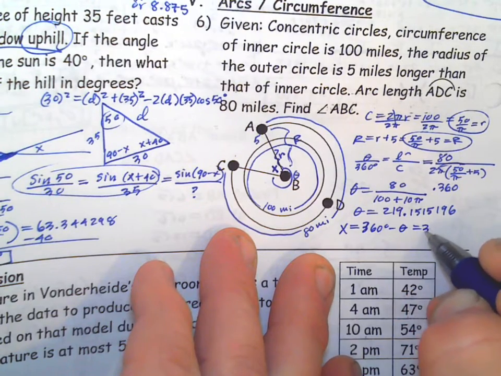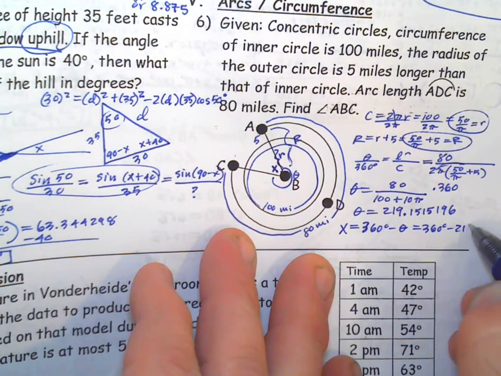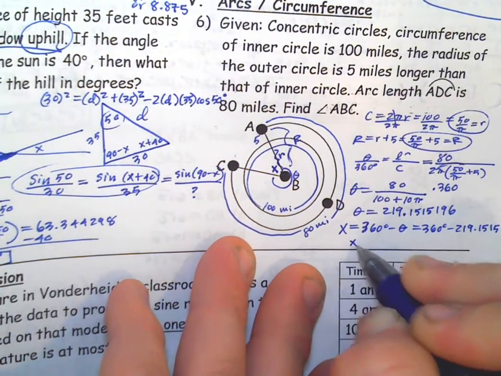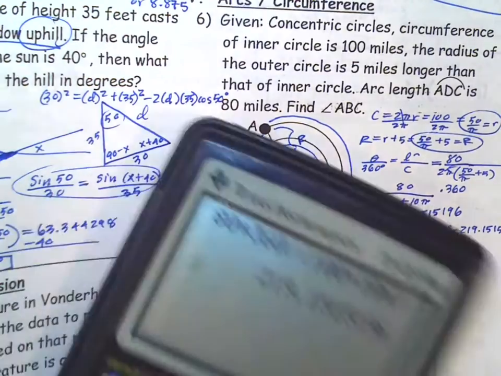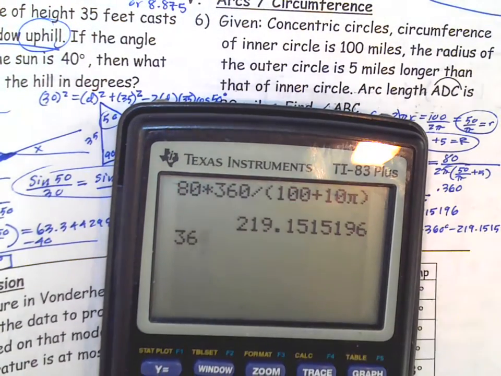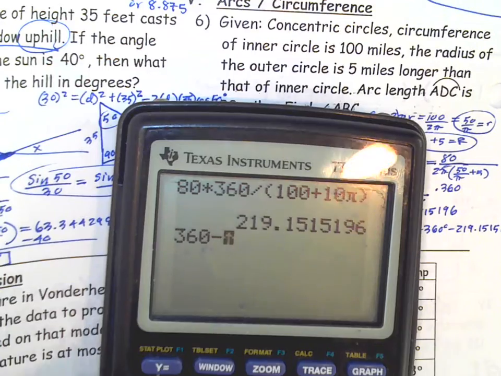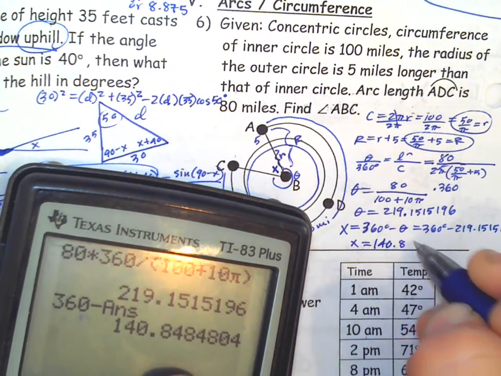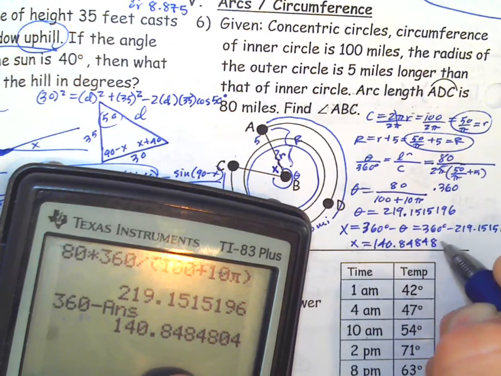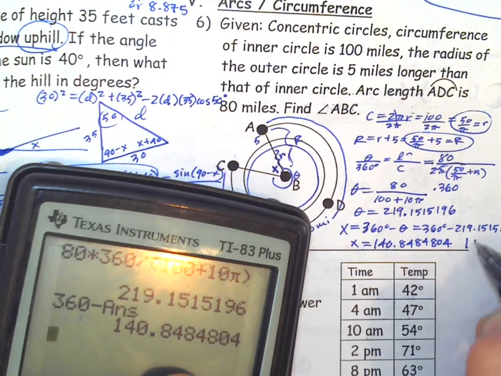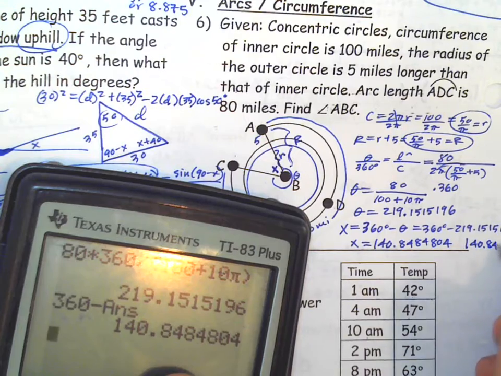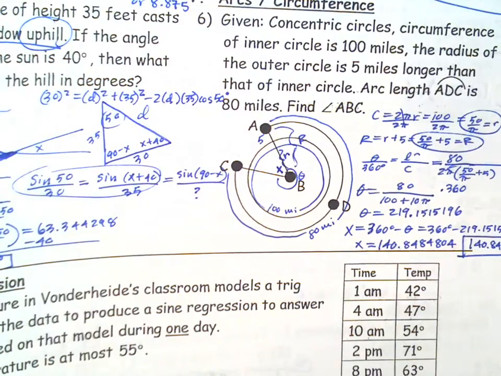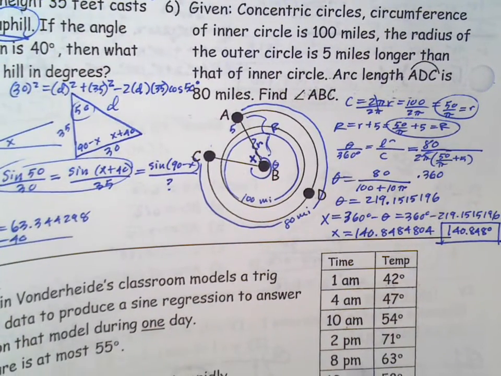So it's 360 minus the previous answer, 219.1515196, which is 140.8484804. So our answer is going to be 140.848 degrees. Rounded or truncated comes out the same. So if you dared round, I hope you rounded correctly.